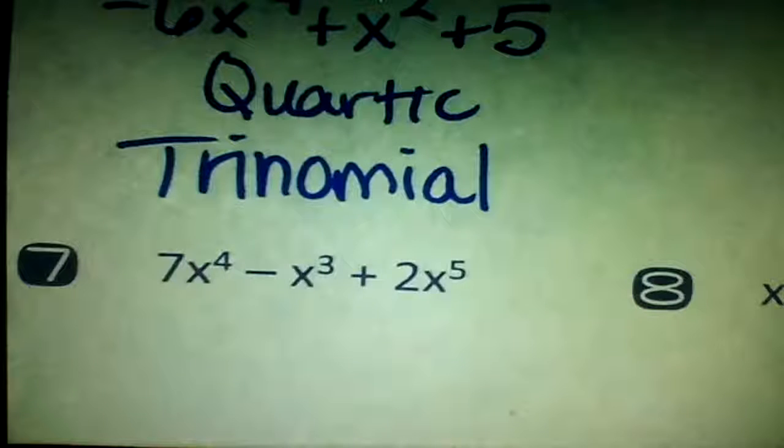The only way I could distinguish it, and it took me a while, was quartic. I thought quarter, and a quarter is four for a dollar, 4 quarters in a dollar. So the people who named them are math smart, but they're not grammar smart.